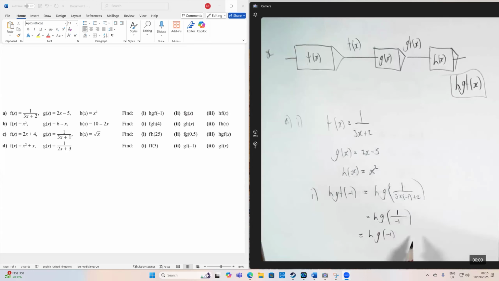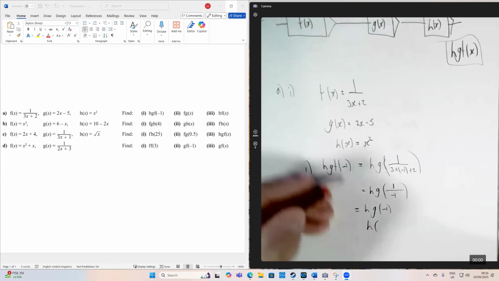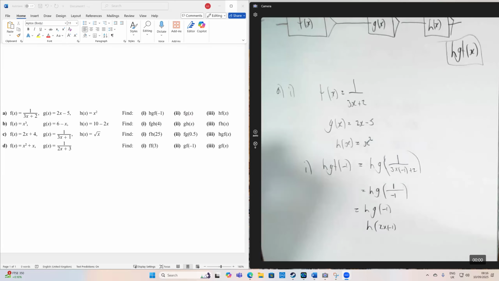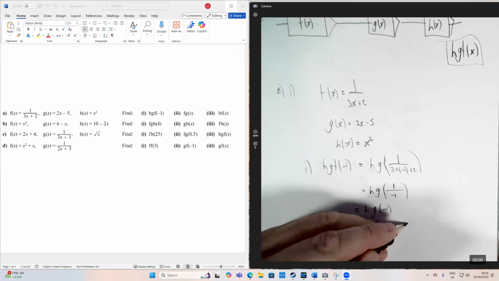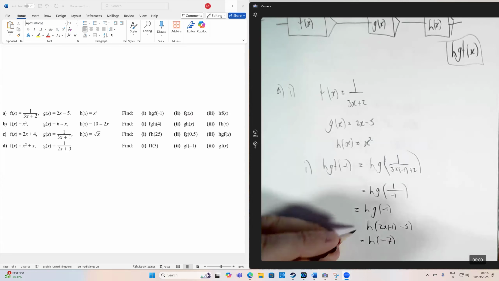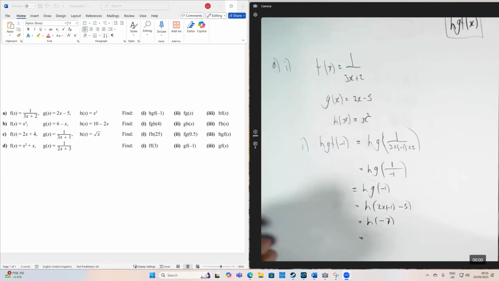Now we work out the next layer: g of minus 1. G of minus 1 is going to be 2 times minus 1 minus 5. 2 times minus 1 is minus 2, minus 5 is minus 7. Now we've worked all the way out, and we've got to work out h of minus 7.